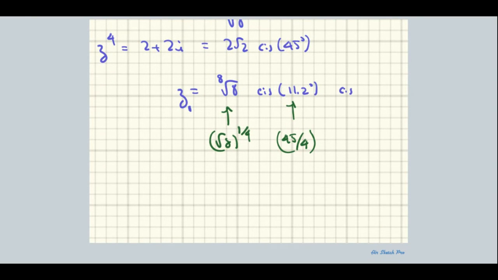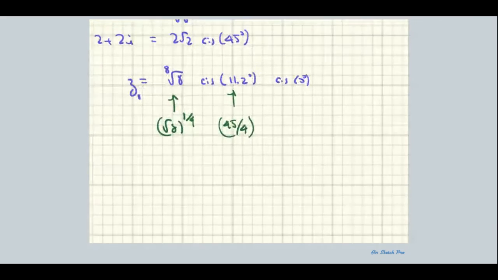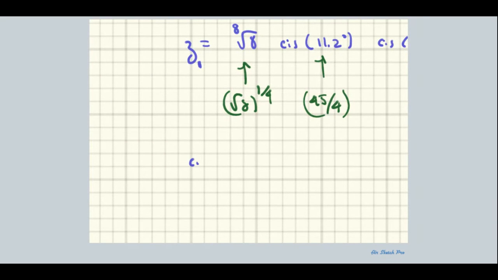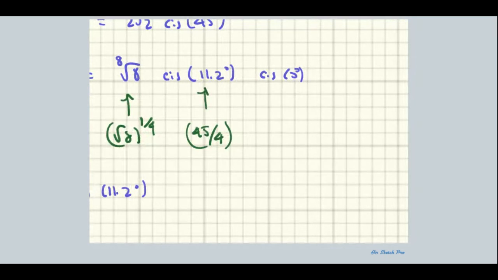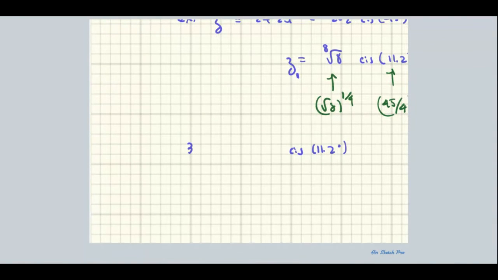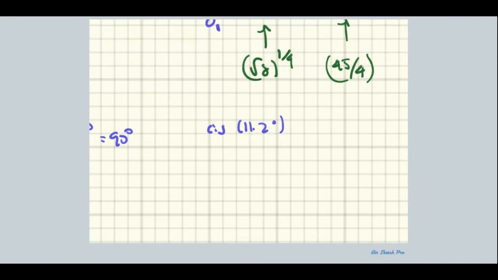I'm going to multiply this one by cis 0, which means multiply by nothing. Just leave it as it is. And now I'm going to take the rest of the solutions by remembering that 1/4 of 360 is 90 degrees, and I'm just going to start adding that.